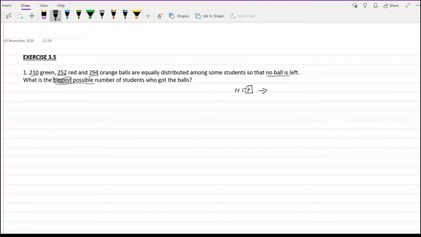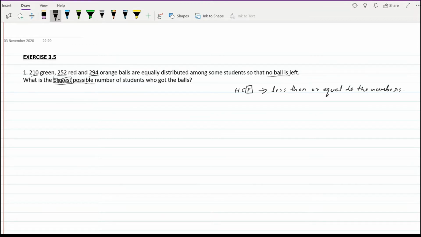If you have 2 or 3 numbers and you find the HCF, then according to the property of HCF, the HCF will be less than or equal to the numbers. This is the property of HCF.